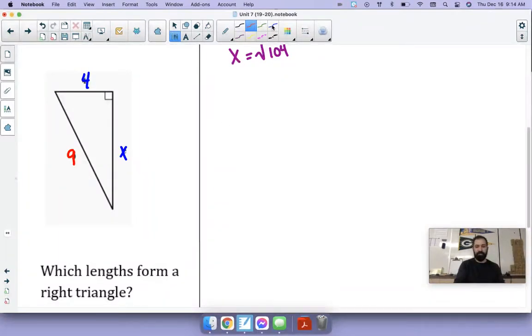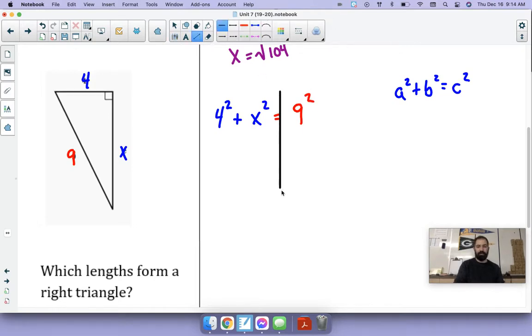As we solve these, we're still going to use a squared plus b squared equals c squared. However, instead of having a and b, we have a and c. So let's plug those in. We said a is 4. We don't know what b is. It's an x. And that's going to equal our c squared, which is 9 squared.